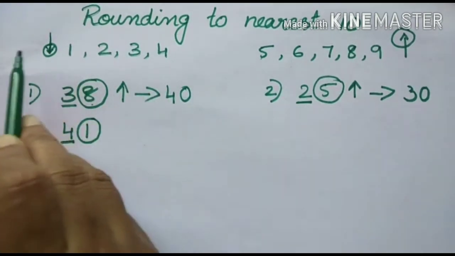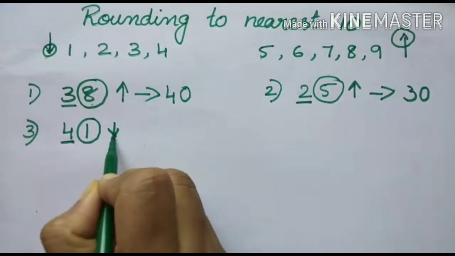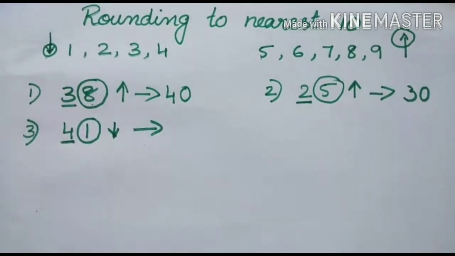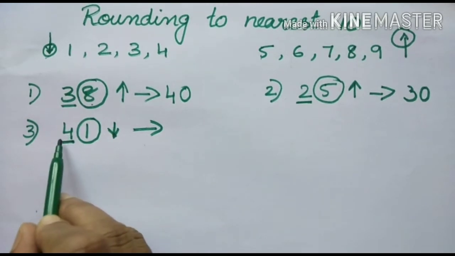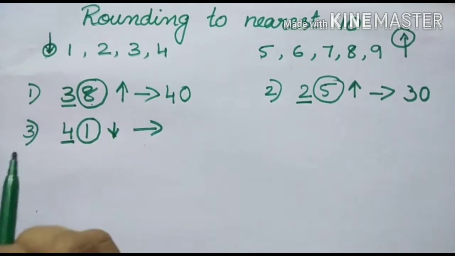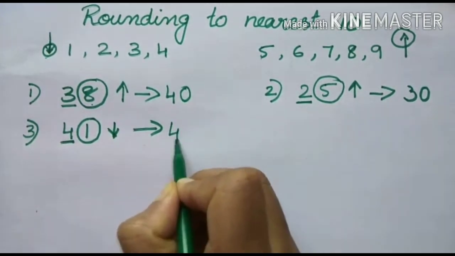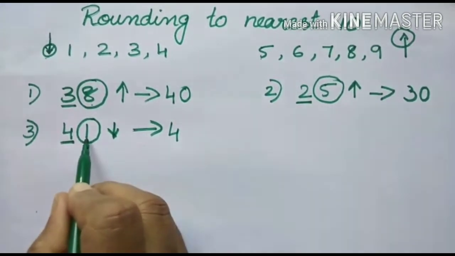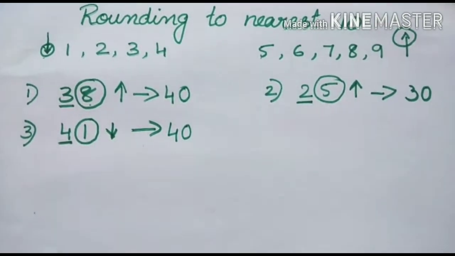So, we have to round down. While rounding down, no need to take the next number. You can write the same number in the tens place, 4. And in the ones place, you put 0. Clear?